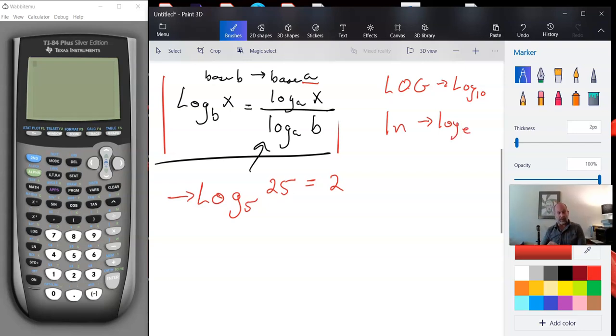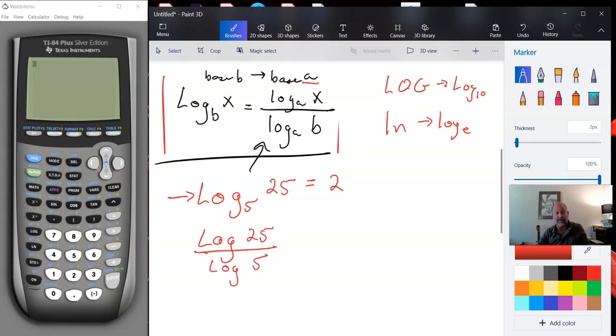So that's just a reminder of what those things mean. So a is either going to be 10 or it's going to be e. And it doesn't matter which one you pick as long as you use the same one through the entire formula. So let's actually do it with both. Let's use the common log first. So x is the argument, so that would be log 25 divided by log 5.